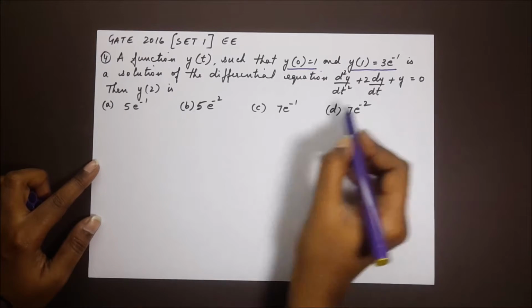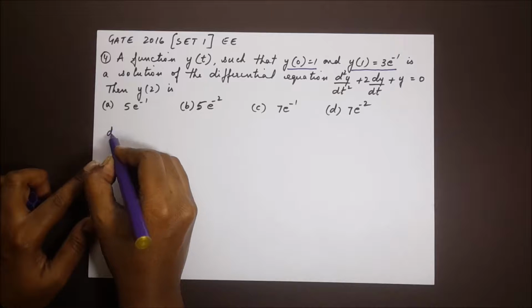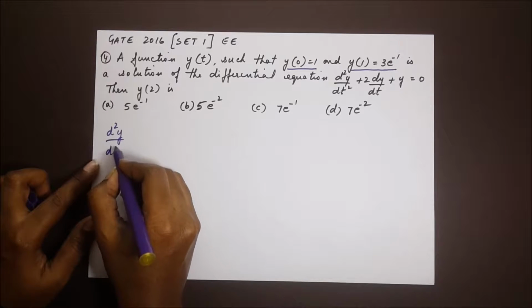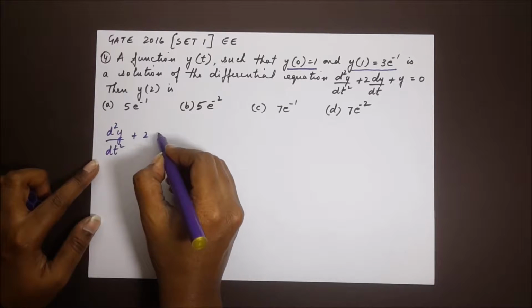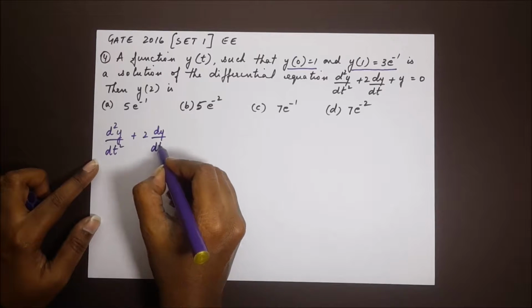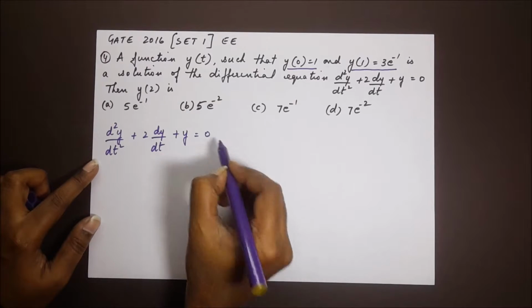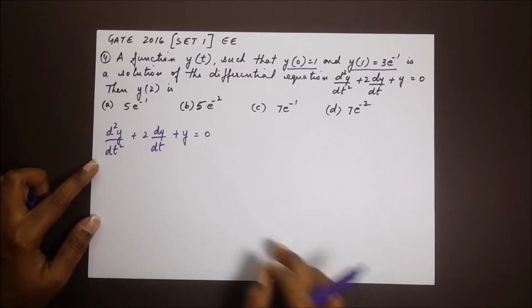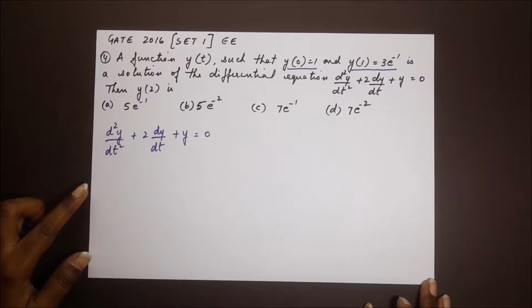So let's write the differential equation given here. That's d square y by dt square plus 2 dy by dt plus y is equal to 0. We're supposed to find out what y of 2 is.